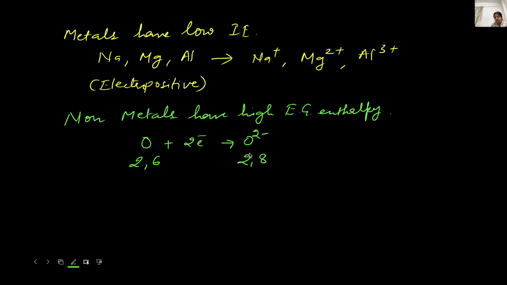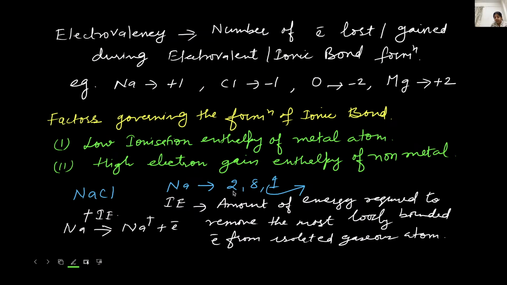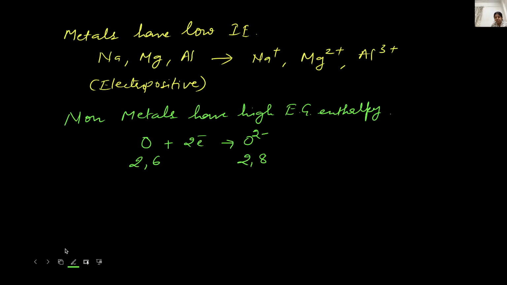So in this process there is addition of electron to the isolated gaseous atom, and it acquires a negative charge. There is an energy change when you add the electrons to the respective atom, and most probably the energy will be released there.